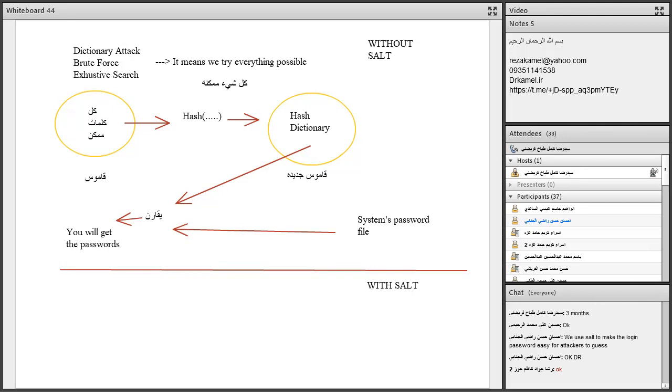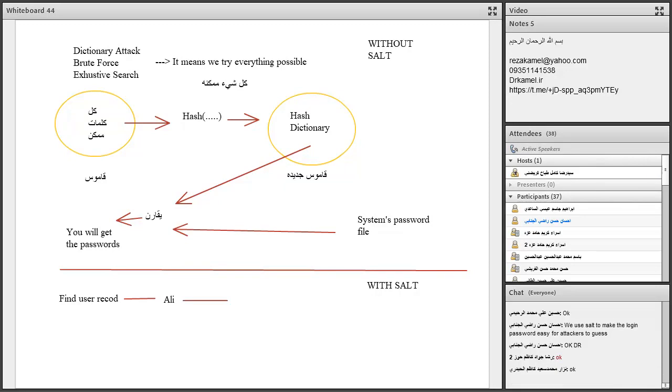When you have salt, the first thing is that you find the user record. In my example, in my مثال, this is Ali. You find the user record, for example, Ali.